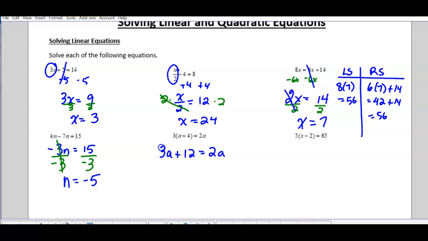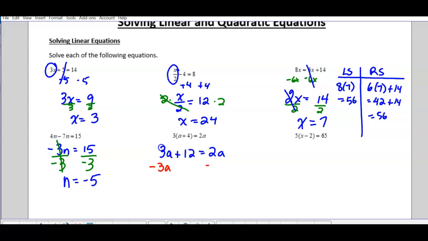Oftentimes I say if there's 2 of them, then subtract the lower one, or get rid of the smallest one, whatever it is, so add or subtract. But if I did that here, then I would have 0 on the right, which is totally fine, but some students kind of forget about that 0. So, just like this one up here, if you have 2 terms with a variable, and one of them is already by itself on one side, then you want to get rid of the other one and bring it over.